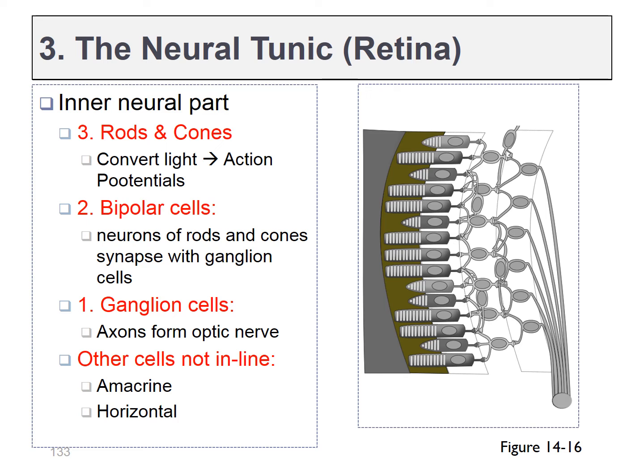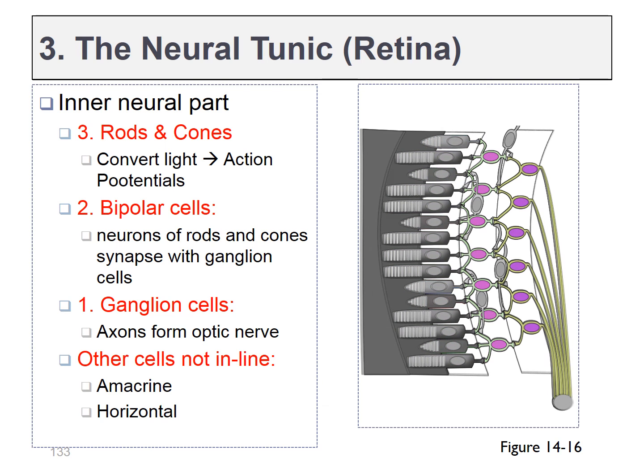The rest of the neural tunic is the retina, which includes 3 major layers of cells, plus a few other random cells. The rods and cones are at the back. These are the cells that will actually convert light signals into action potentials. Those signals would then be sent to the bipolar cells, there in the middle, and those would send the information to the ganglion cells.